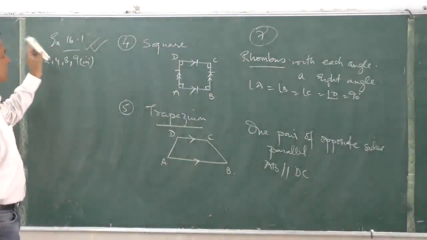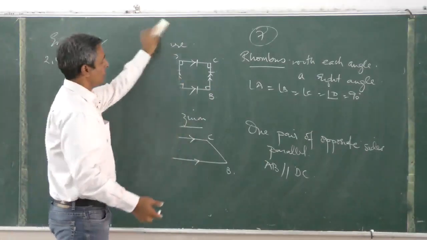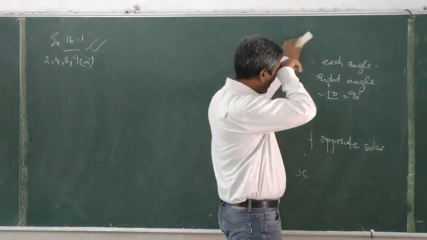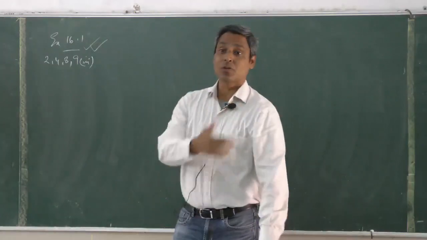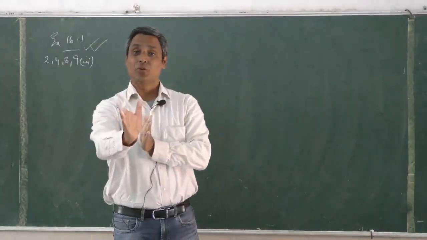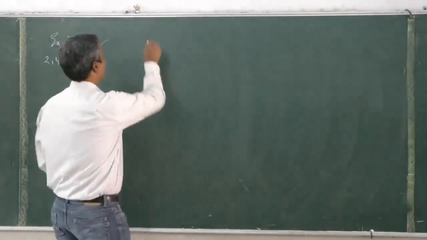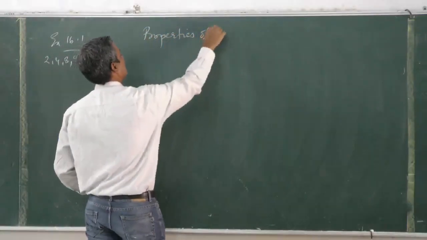So I want to rub this out now. This was revision, very quick revision. You must build up your concept of different types of quadrilateral. This was a sort of introduction into special types of quadrilaterals. Now, properties of parallelogram. We are trying to get into the first exercise.